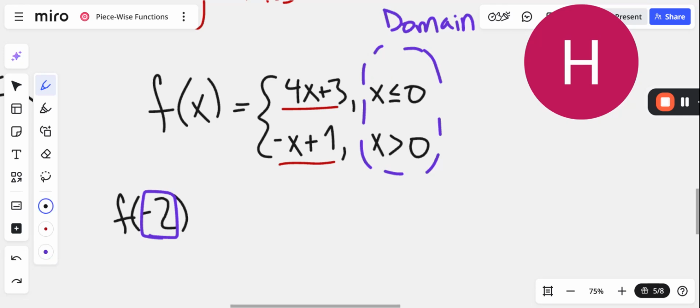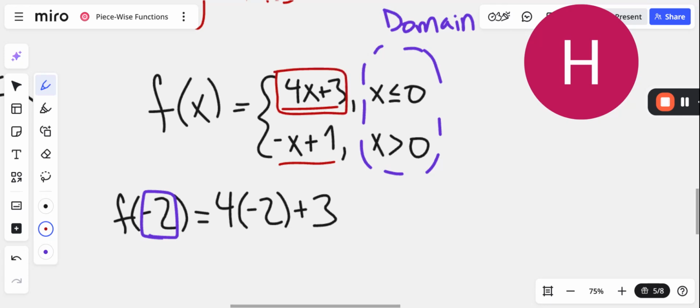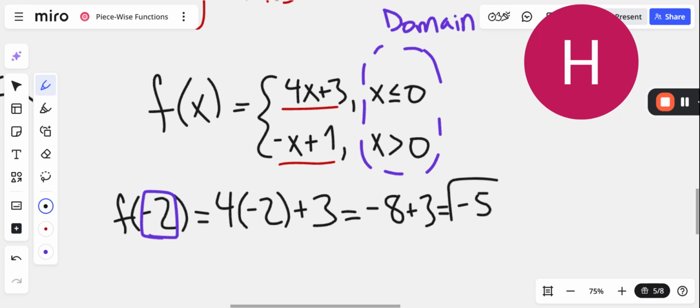So in order to evaluate this, I'm going to plug the x value, the negative 2, into the corresponding piece. Notice how I'm using this structure, 4x plus 3, because it goes along with any x values which are less than or equal to 0. And that means that I have negative 8 plus 3 or negative 5. So if I were graphing this piecewise function, the graph would contain the point negative 2, comma negative 5.